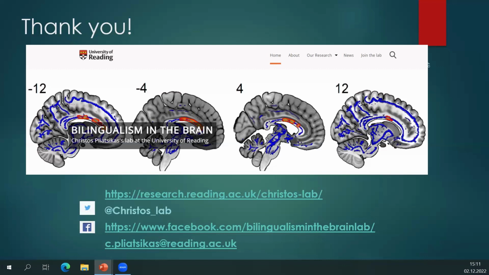The second one was about L1 acquisition. I need to think about it, but L2 acquisition happens on top of something that's already there most of the time. But L1 acquisition, possibly. Okay, that's something to think about.